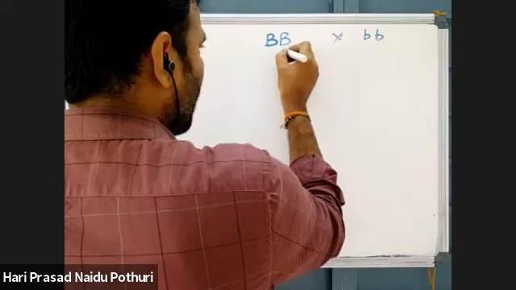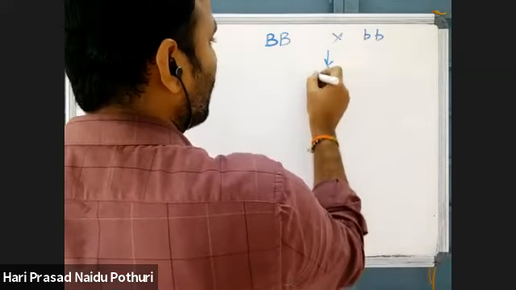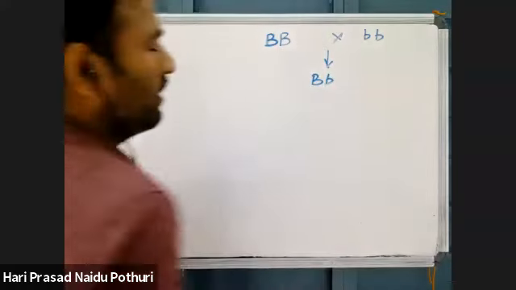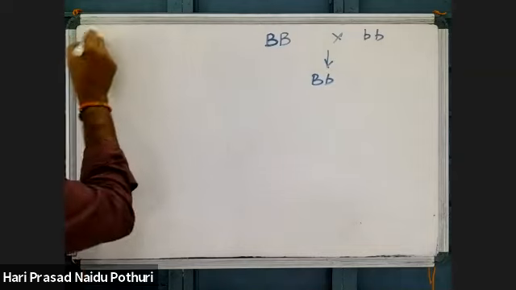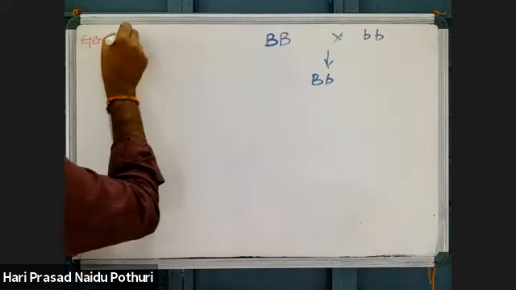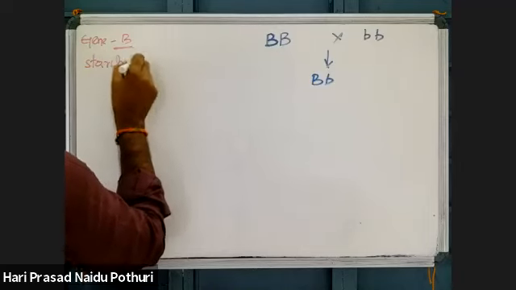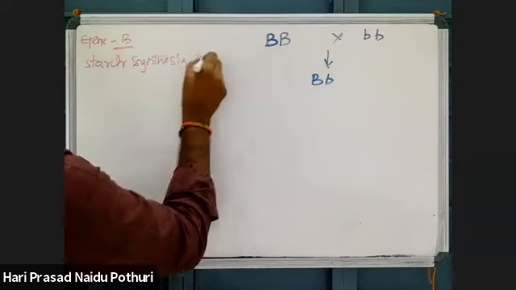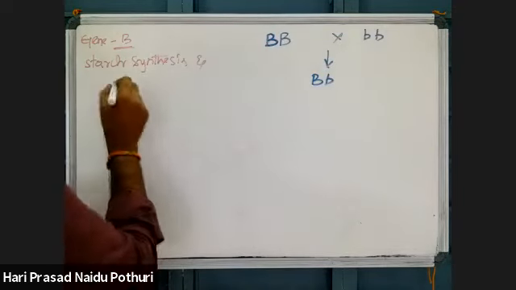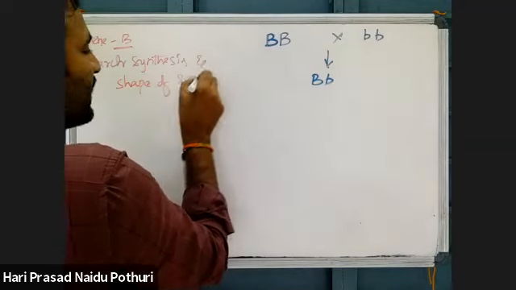Now on this hybridization, what will happen in F1? There is production of capital B, small b. Why did I take this one? See here, gene B is responsible for starch synthesis, and the synthesis of starch affects the shape of the seed.